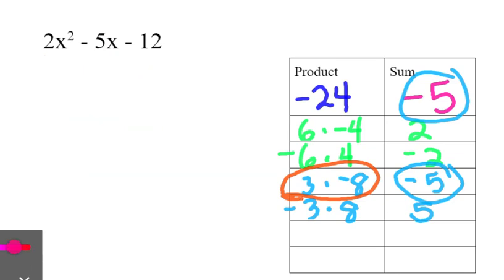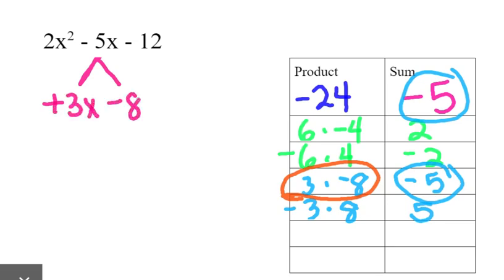So what I'm going to do next is I'm going to break up -5x into +3x and -8x because I have a +3 and a -8. That's where I get the 3 and the -8.